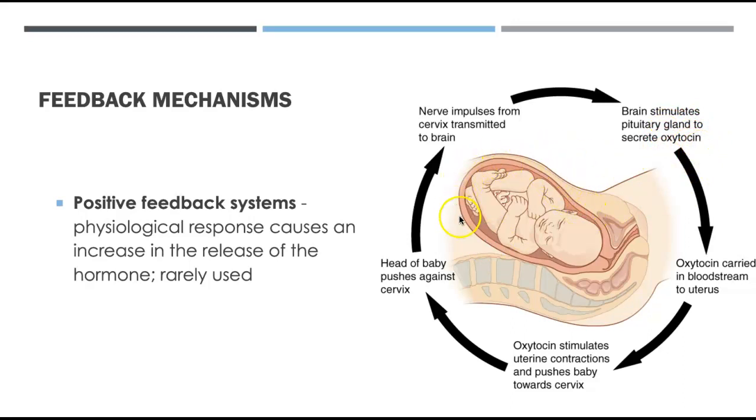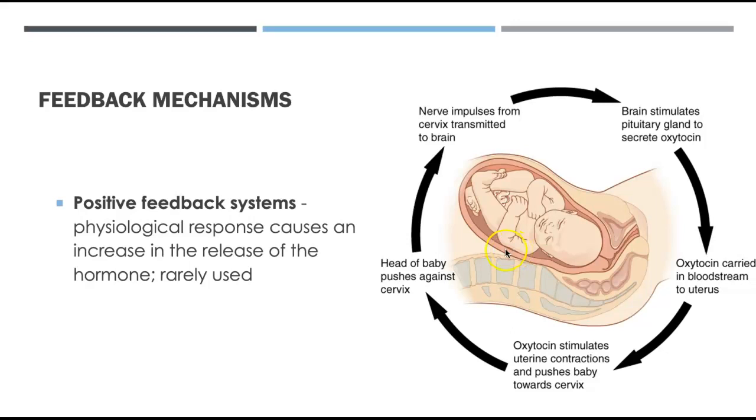So we are going to have the uterus contract. When it contracts, it pushes the baby's head against the cervix more, sending signals to the brain, causing more secretion of oxytocin. And of course, we know the contractions are getting stronger and closer together.